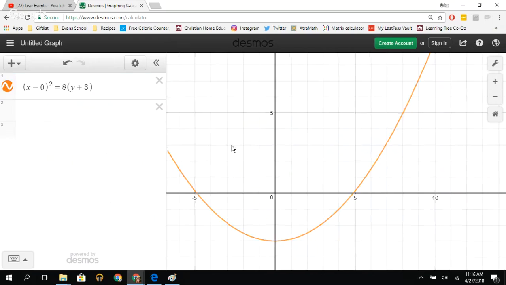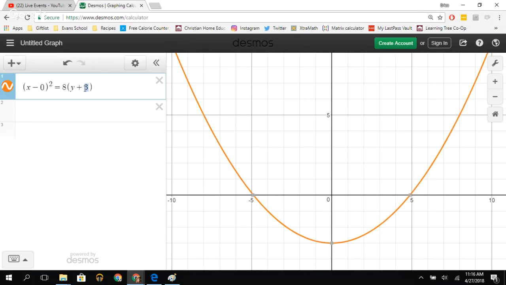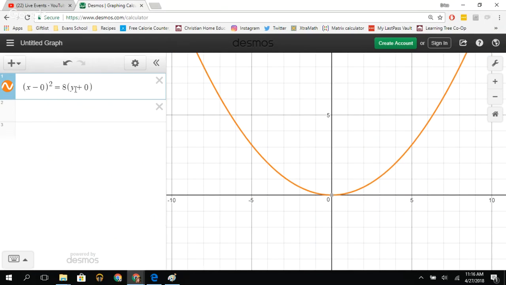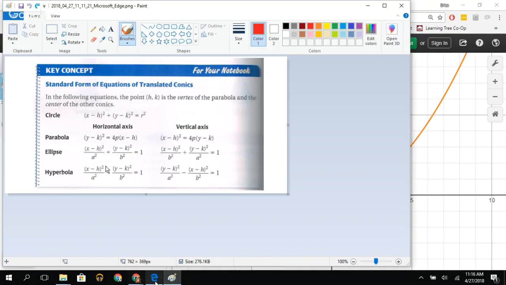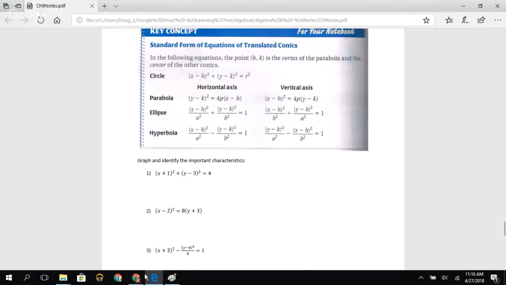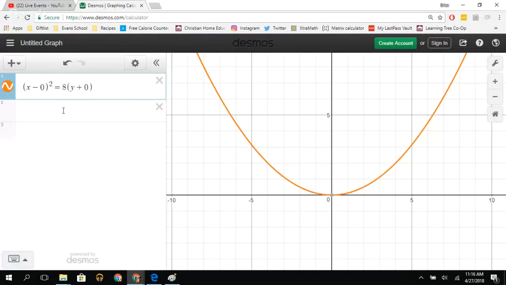Okay, so oops, I didn't want to do that. I want to put 0 there. Okay, so what I did is I'm taking example number 2 from your homework. Not on that page, here, right here. Okay, and I'm graphing it without moving the vertex. So because this is 0 and 0, the vertex is at 0.